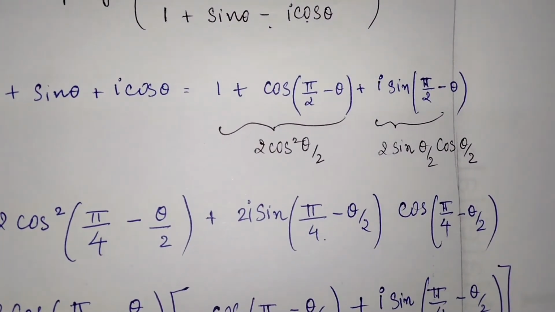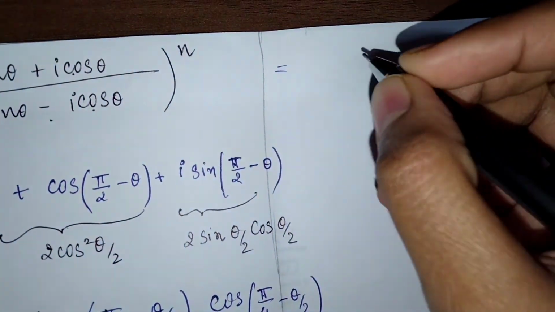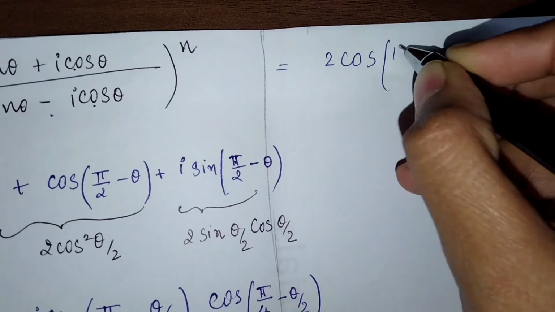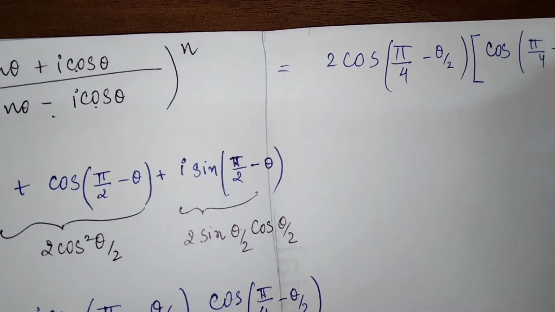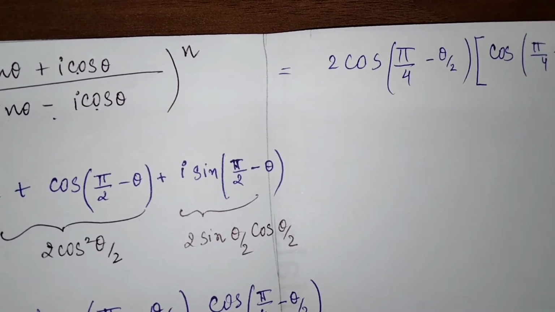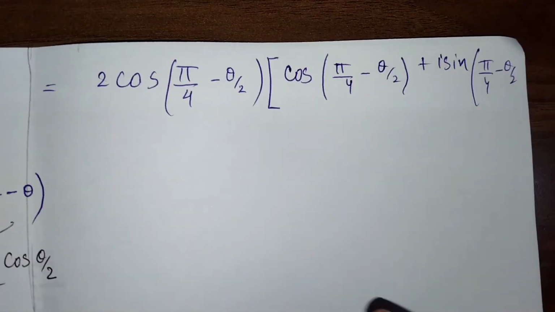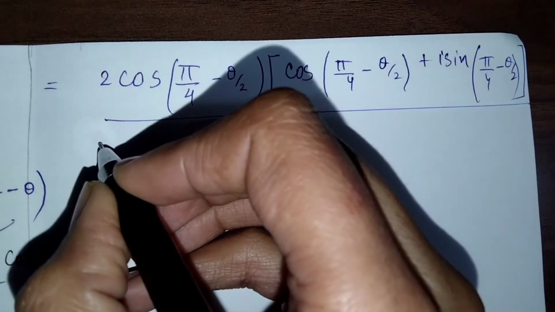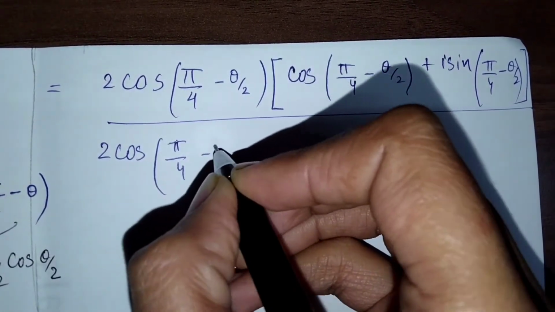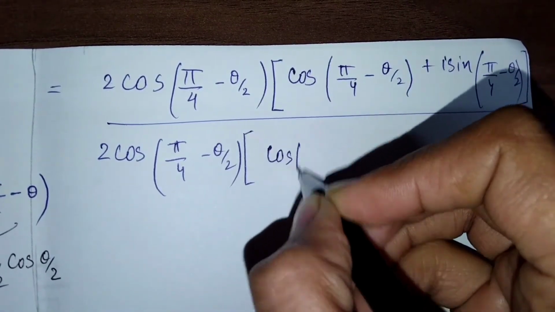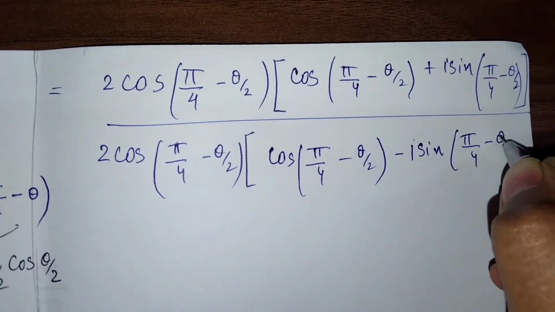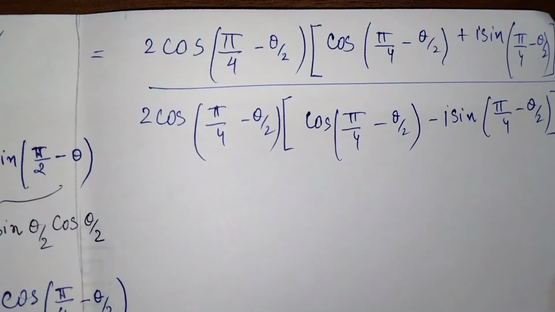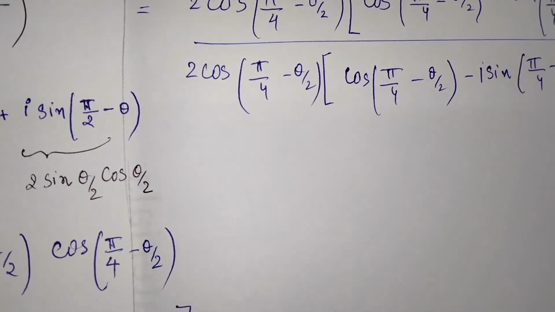So we get 2 cos(pi/4 - theta/2) times the result we got when we solved the numerator part, cos(pi/4 - theta/2) + i sin(pi/4 - theta/2), and in the denominator part we got 2 cos(pi/4 - theta/2) times cos(pi/4 - theta/2) - i sin(pi/4 - theta/2). But these common terms will get cancelled.